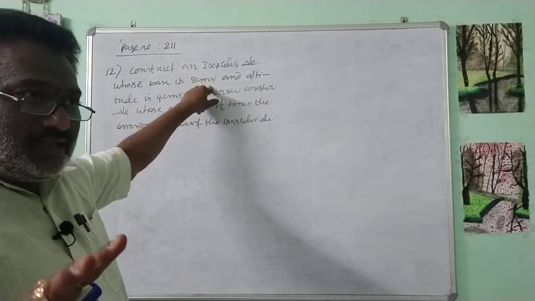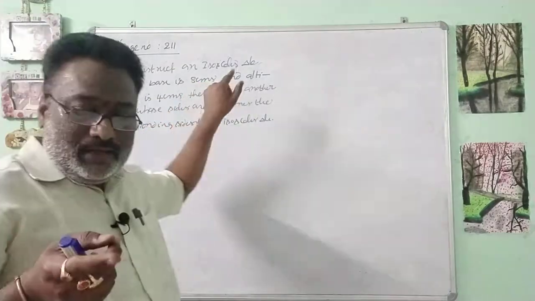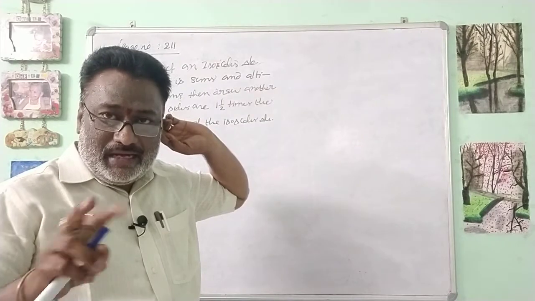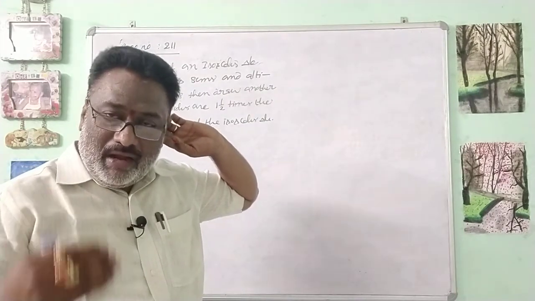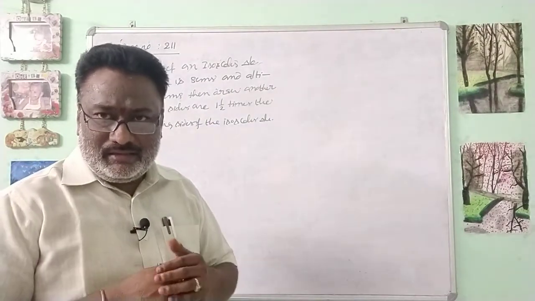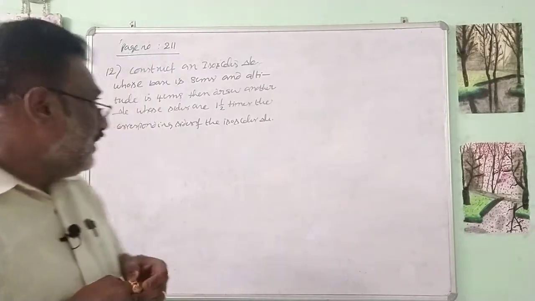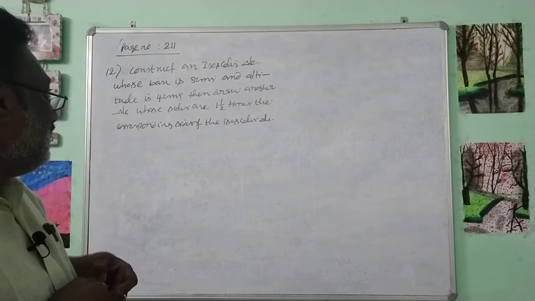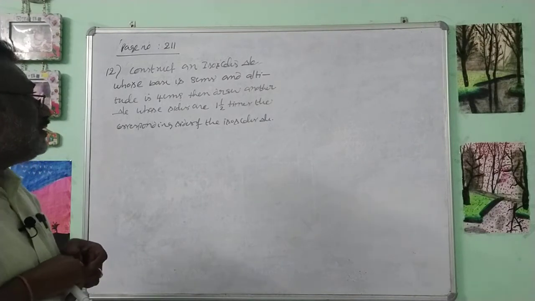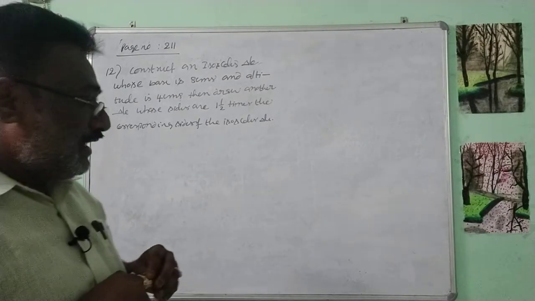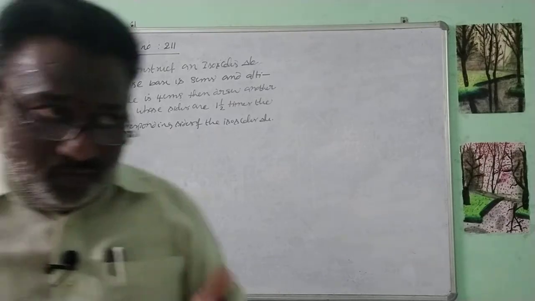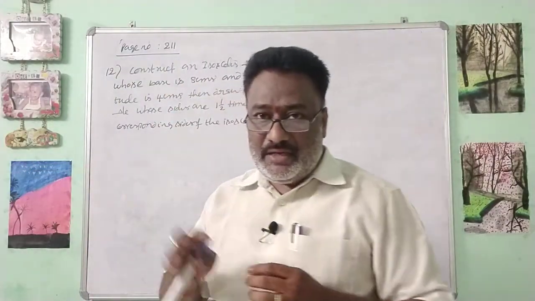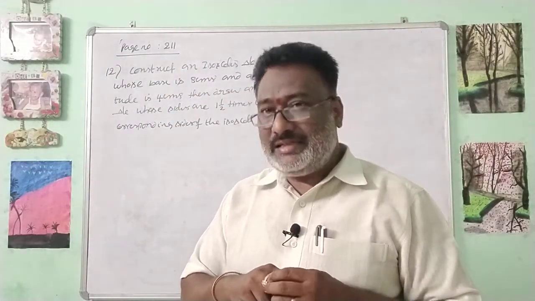Whenever you take an isosceles triangle, 2 sides are equal, and the remaining side is nothing but the base. In that way we need to take. The base measurement has been given, that is 8 centimeters, and altitude is 4 centimeters.